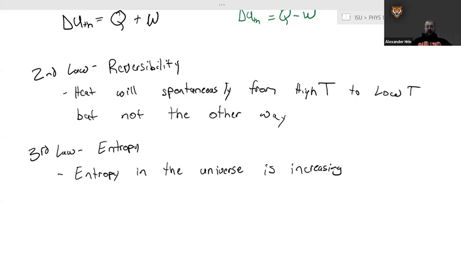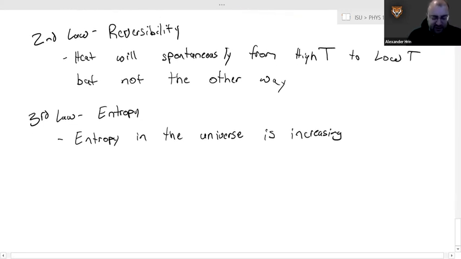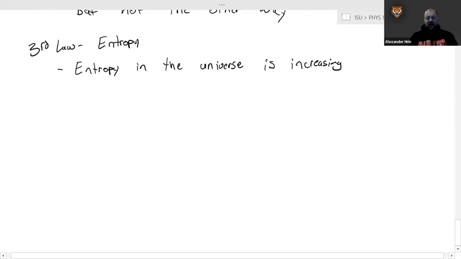When you combine the second and third laws, the reason heat flows from high to low temperature is because that is a state of higher entropy. So entropy is a quantity we can think of as maximizing when heat is going to flow. Like I say, that's a good chunk of a statistical mechanics class in and of itself. Not going to go into that, but it's worth knowing. You can think of entropy as just disorder.